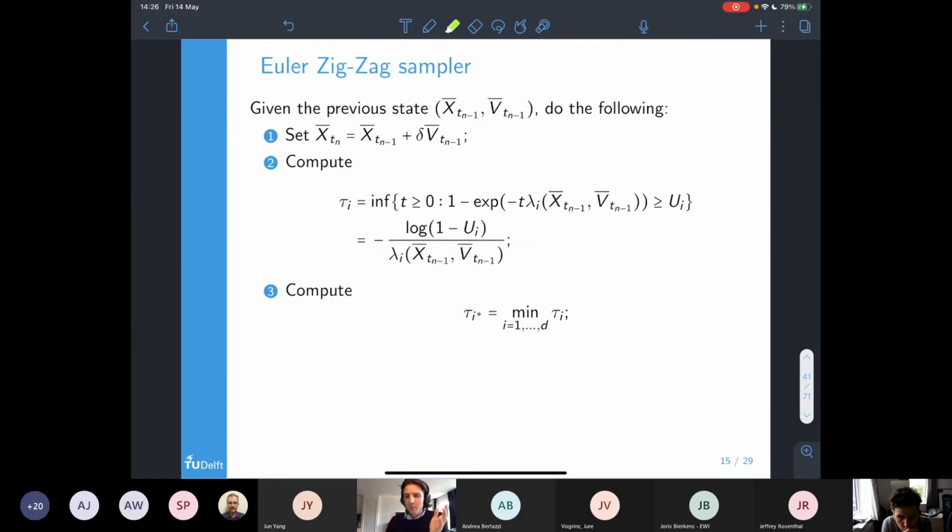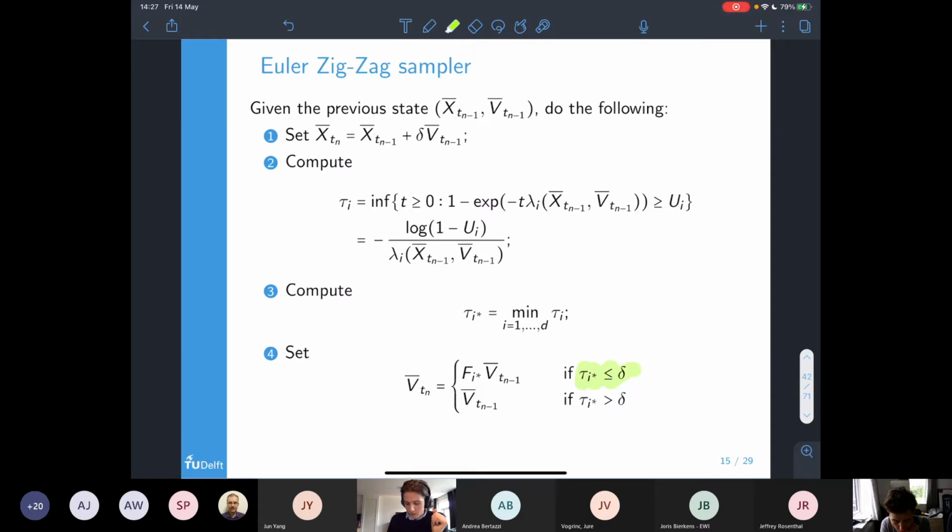All right, but then we have to establish which component of the velocity, if any, will flip. And therefore we have to solve a minimum. We have to just select the minimum switching time, call the corresponding component i star, and then we will do the following. If tau i star is smaller or equal than delta, then this means that a switching event has happened or is happening in the current time step.